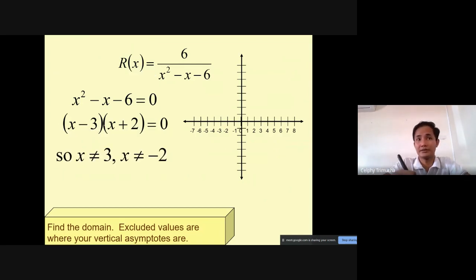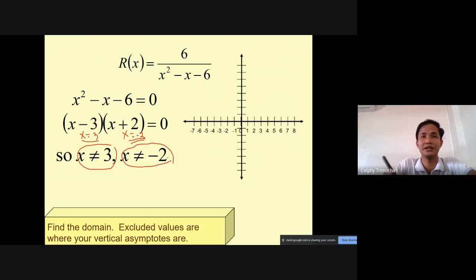So we have x is equal to 3 and x is equal to negative 2. Take note, for a vertical asymptote, at that point the denominator should not be zero. That's why the values we solved, x is equal to 3 and x is equal to negative 2, should not be part of the domain of our equation. Because these will make our denominator equal to 0.